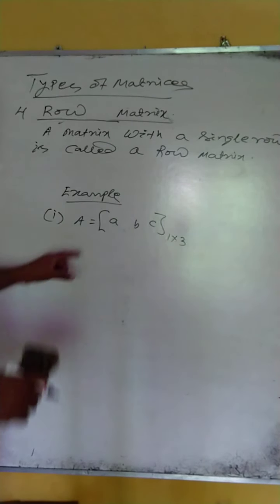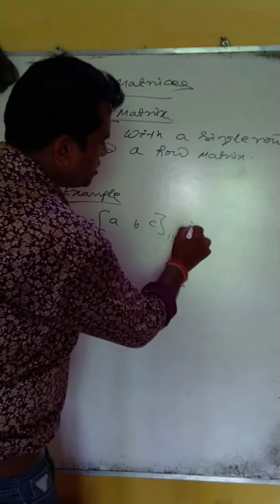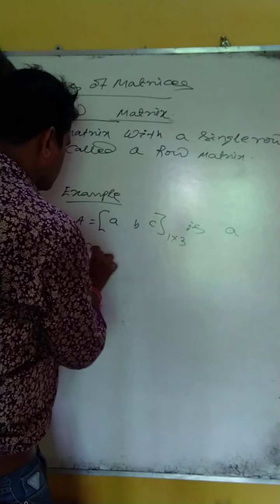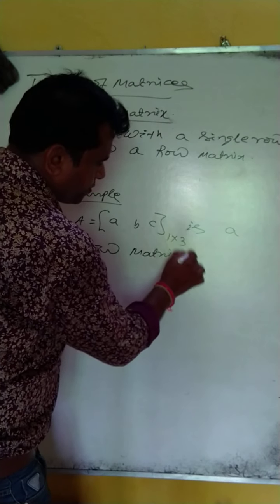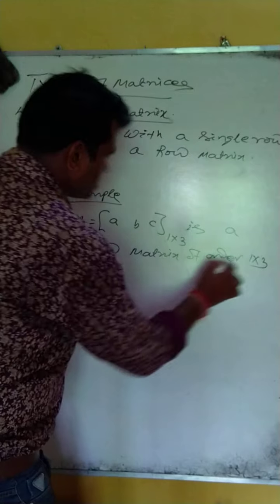That means the matrix A has one row and 3 columns. It is a row matrix, a matrix of order 1 cross 3.